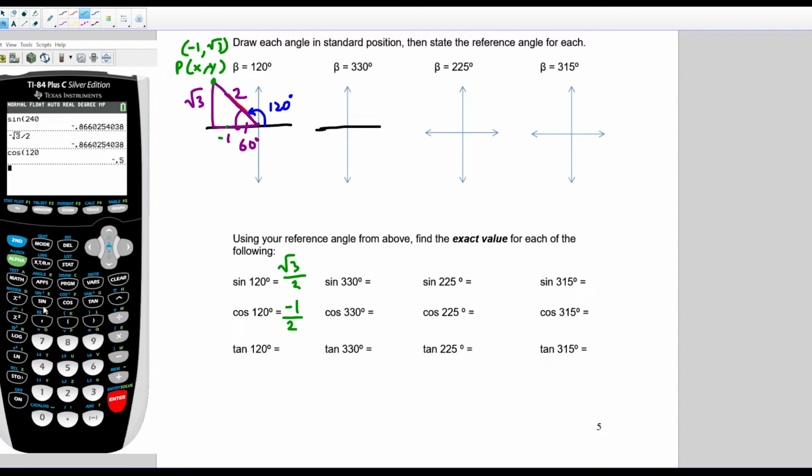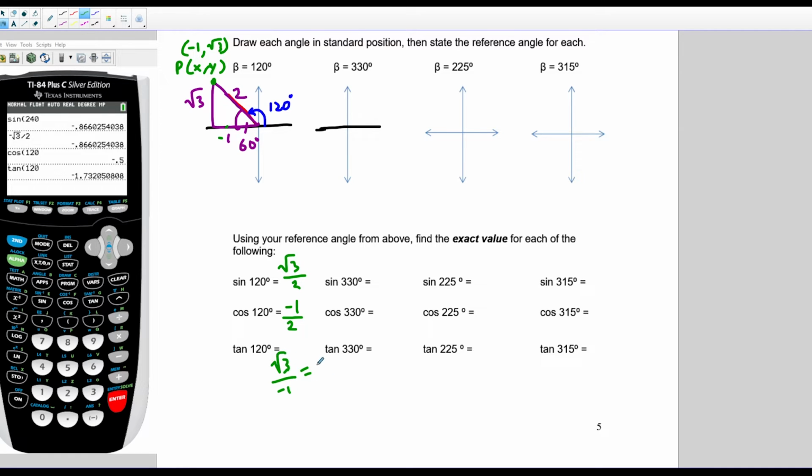And looking at tan of 120, if I were to enter this into the calculator, tan of 120 gives me negative 1.73. If we were to look at our tangent ratio for this particular triangle here, tangent of 120, we're now looking at opposite over adjacent. So opposite is root 3 divided by my adjacent side, which is negative 1.